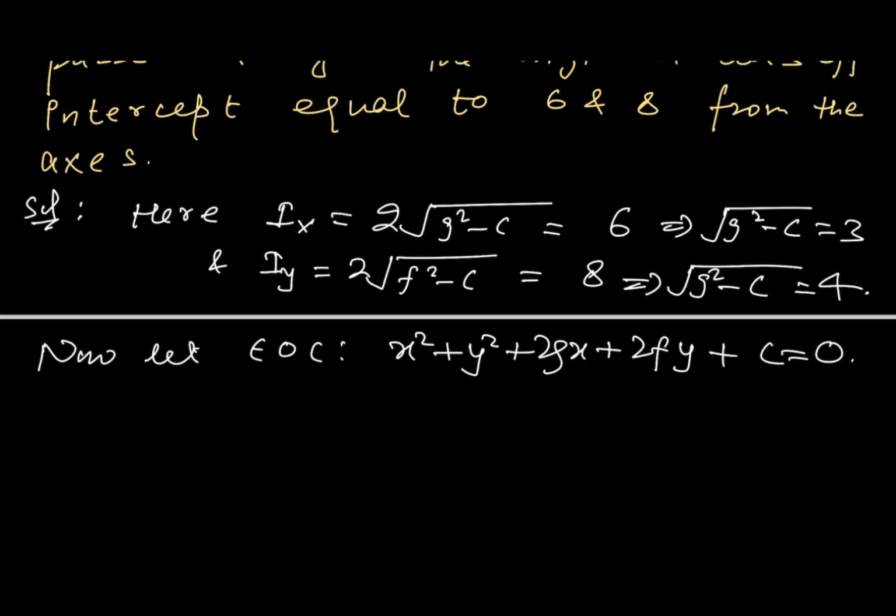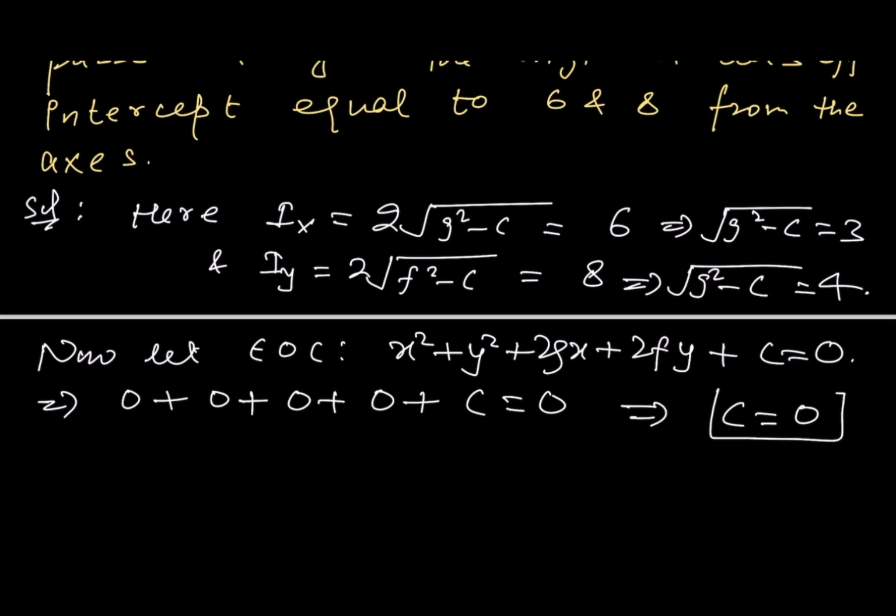As it is passing through origin, so I can put 0 and 0 in place of x and y. So that becomes 0 plus 0 plus 0 plus 0 plus c is equal to 0. So here c is 0.